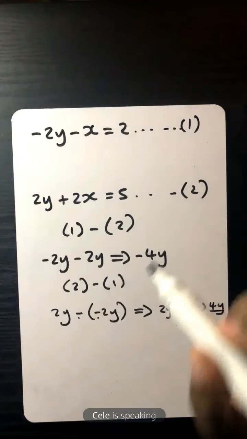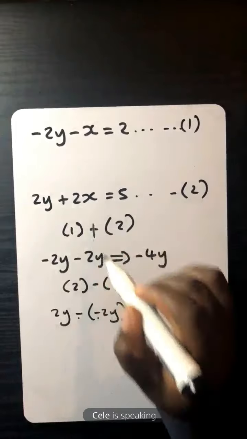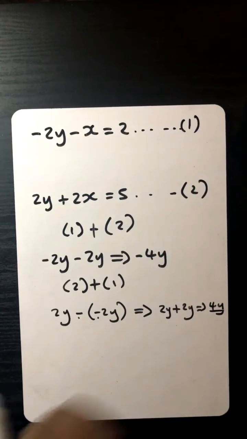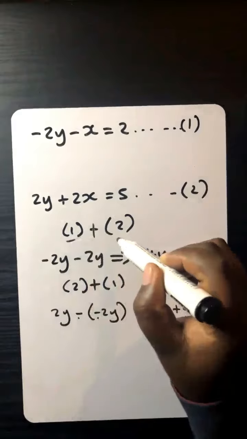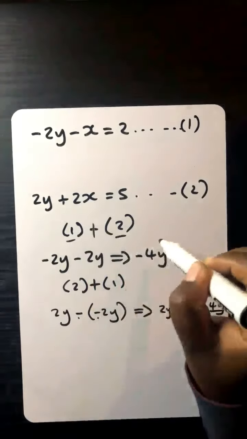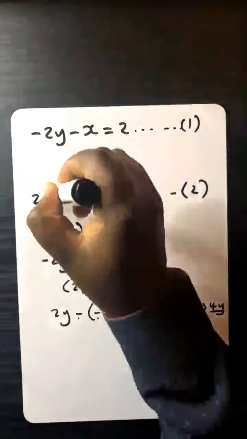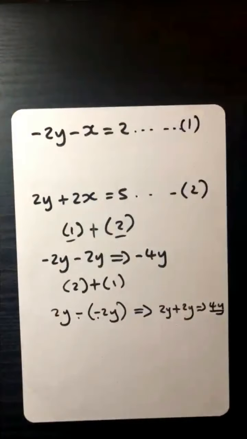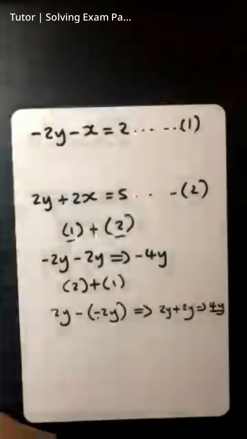It is only eliminated if you add. By that I mean, if you say either equation 1 plus equation 2, then you add this plus that, and this plus that. That's how you can eliminate the 2y.